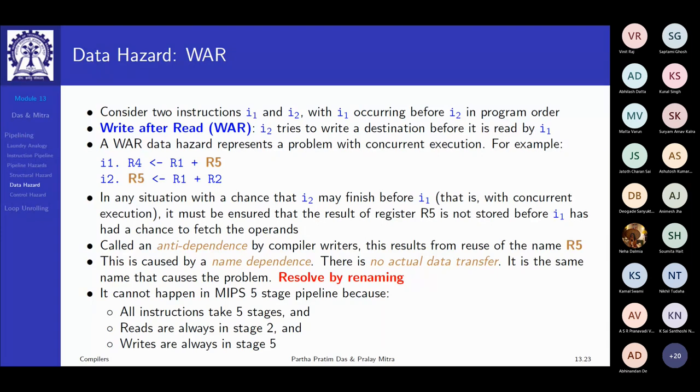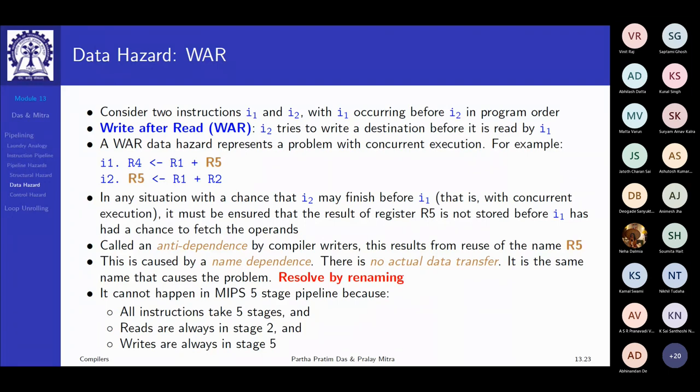But this actually is not a data dependency, because I1 does not use any data which I2 uses, which was the case earlier for RAW. But for the case of WAR, it is writing to some location, and it is reading from some location, and R5 happens to write to that location.